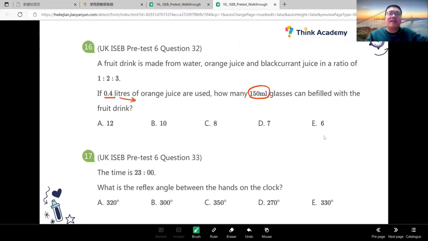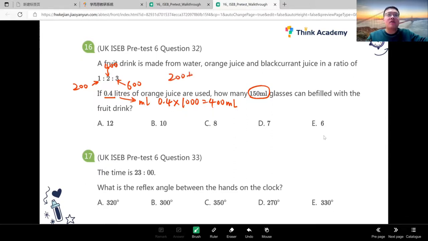So let's convert that into milliliters first. That will be 0.4 times 1,000, which equals 400 milliliters. And this one is 400. As for 1, we know that is just half of 2, so that is 200 milliliters. And the 3 will be 3 times 200, which is 600. Now for this fruit drink, in total, how many milliliters do you have?